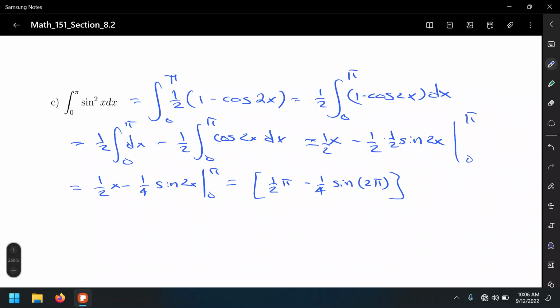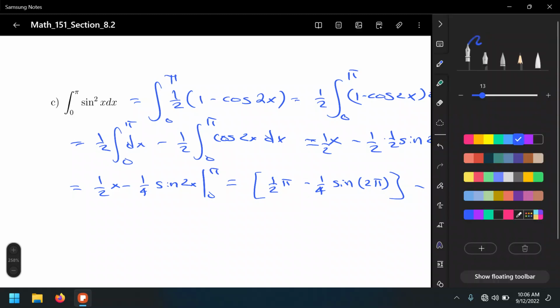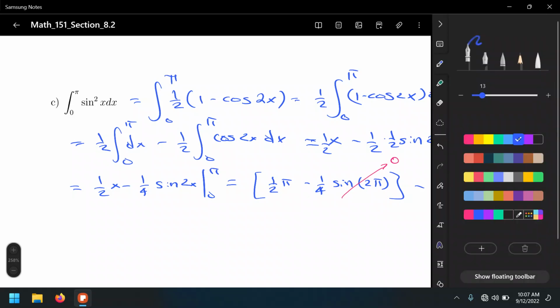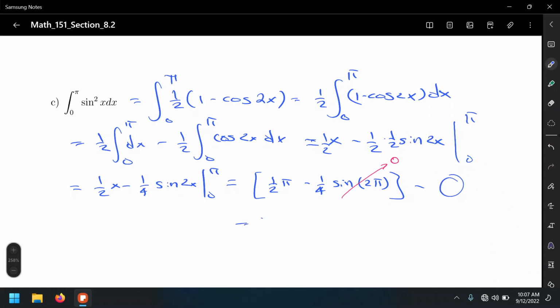Sine of 2 times 0 is sine of 0, which is also 0. So just big 0. And in this case, what is sine of 2 pi? 0. All right, and our final answer here is pi over 2.